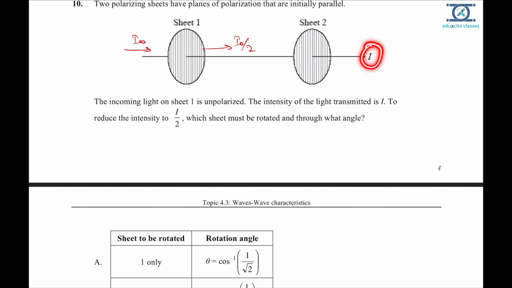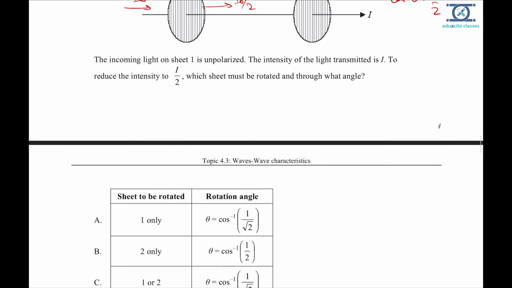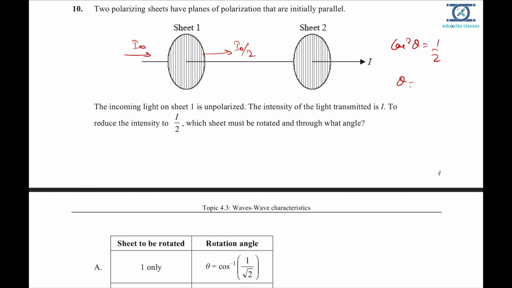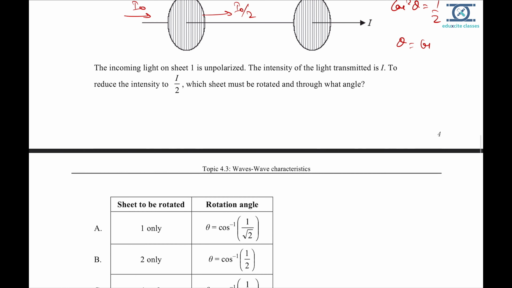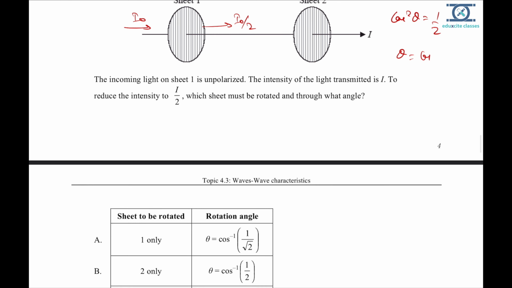To get this as I by 2, this has to be rotated in such a manner that cos square theta has to be 1 by 2. So theta should be what? Cos inverse of 1 by root 2.